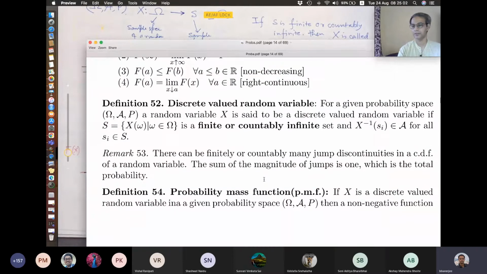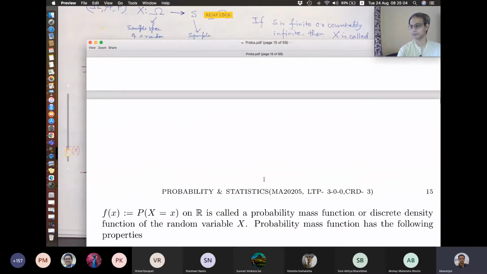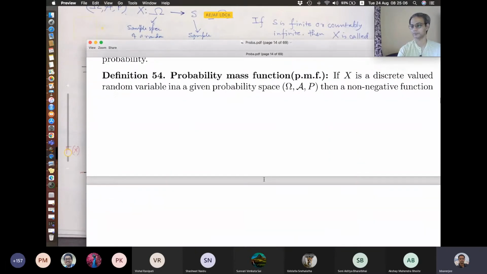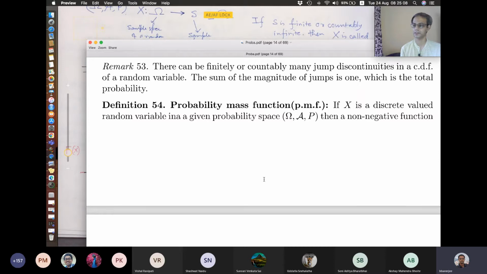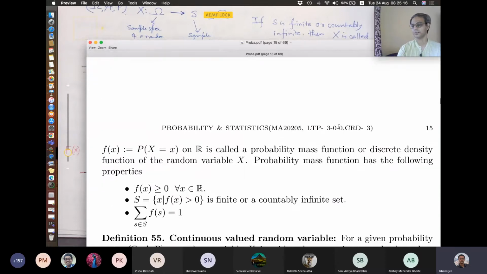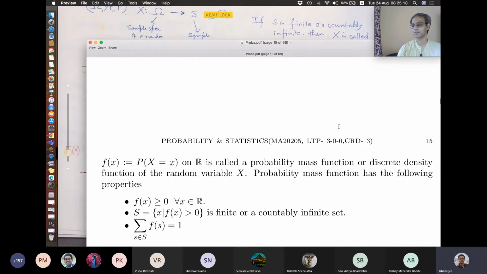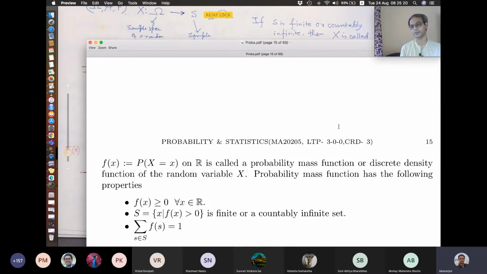The probability mass function of a discrete valued random variable on a probability space (Omega, A, P) is a non-negative function defined by f(x) equals probability X equals x on R, and f(x) is always greater than or equal to 0 for all x.